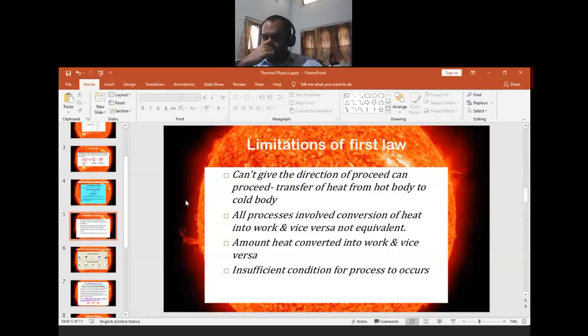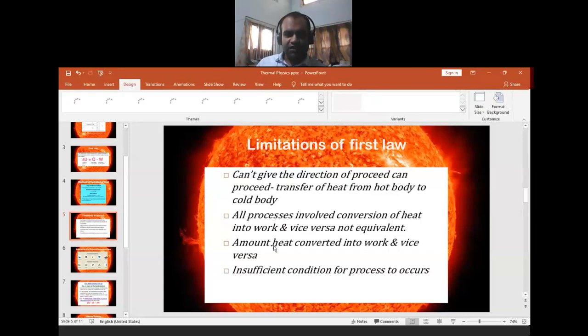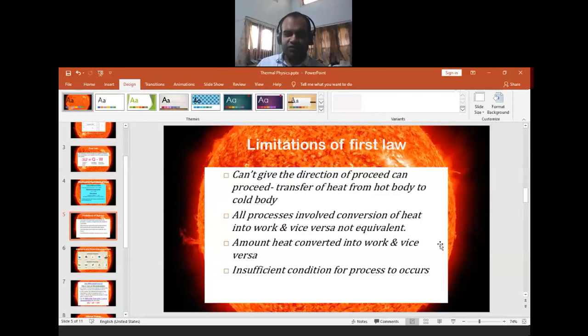Another big disadvantage of the first law of thermodynamics is this one, point 3: the amount of heat converted to work and vice versa. Suppose you have applied a certain amount of heat to a system.